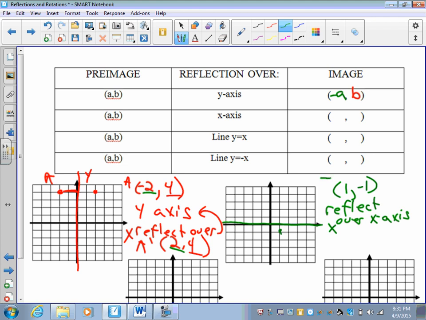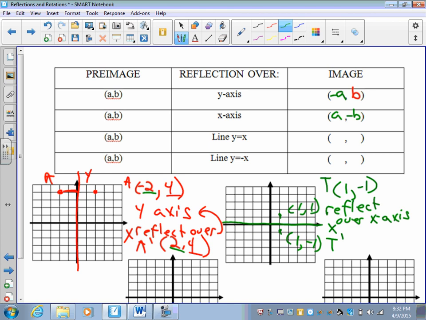I'm going to call this T. T prime, if I reflect this over the x-axis, is going to be equidistant from the x-axis, so it's going to go up 1. The original was 1, -1, and my new point is going to be 1, +1. So for the reflection over the x-axis, the x stays the same, but my y changes.